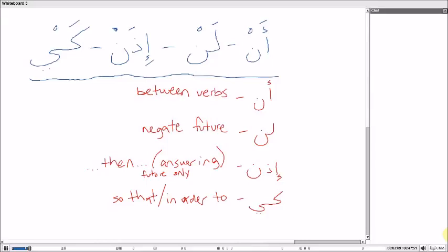But for the normal present tense verb, we want to change it from a dhamma, because a dhamma is the asl. We say akulu, yakulu, tadhabu, yashrabu, yajlisu, yaqra'u. All of them have a dhamma. That's the origin, just like in nouns, the origin is a dhamma. Baytun, miftahun, sarirun.